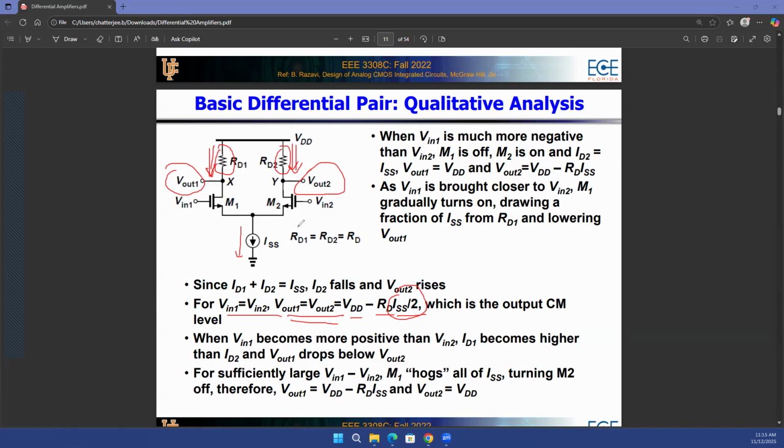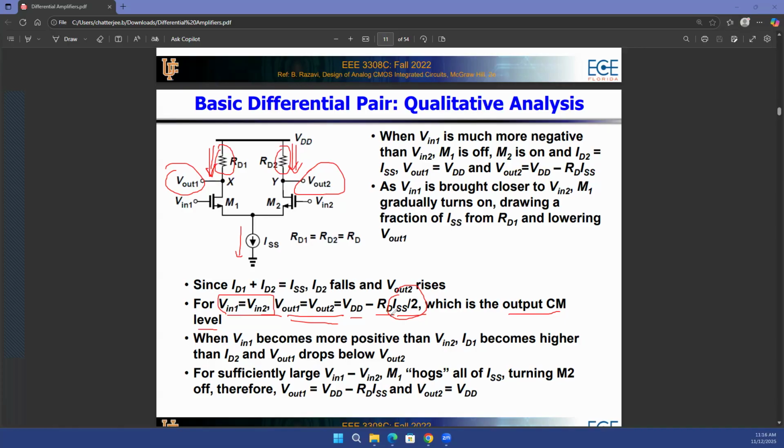And that is why the Vout for both of them is going to be equal to the same number, which is VDD minus RD ISS over 2. And that is going to be your output common mode level that you want to have. That my input common mode level makes, what does that mean? That my Vin1 equals Vin2 in terms of DC. My output common mode DC level is going to be VDD minus RD ISS over 2.